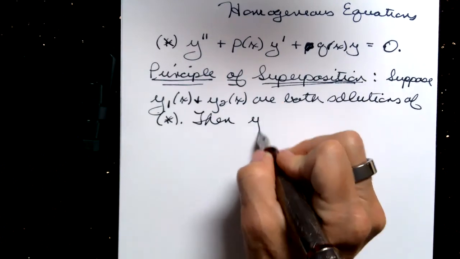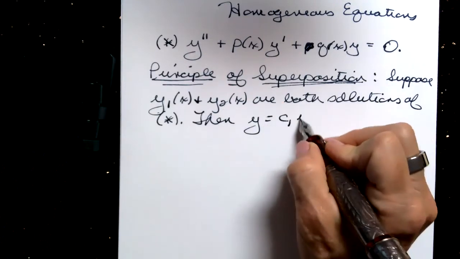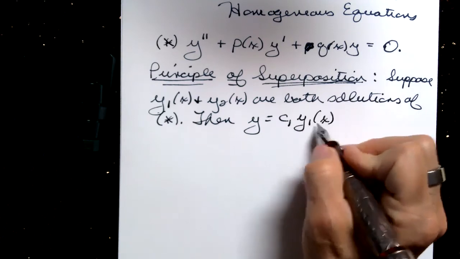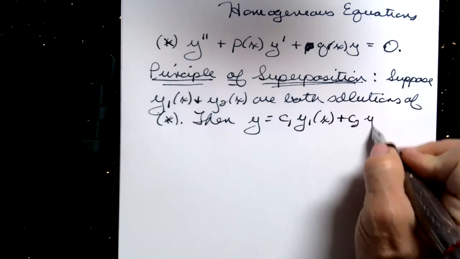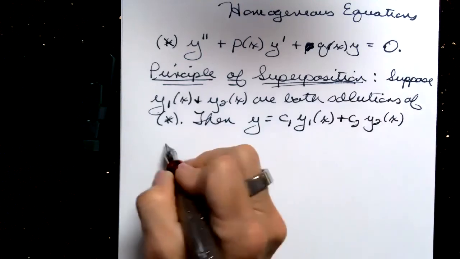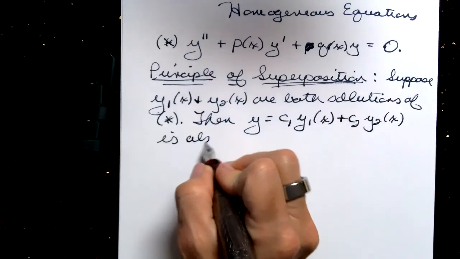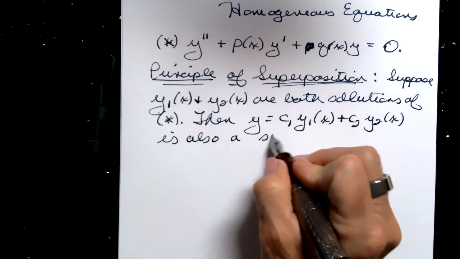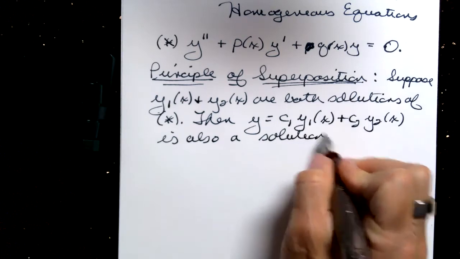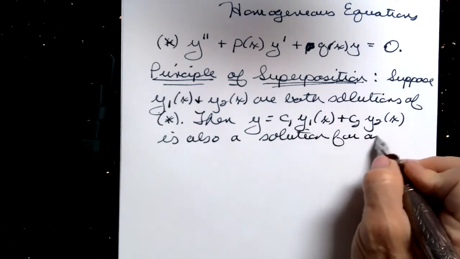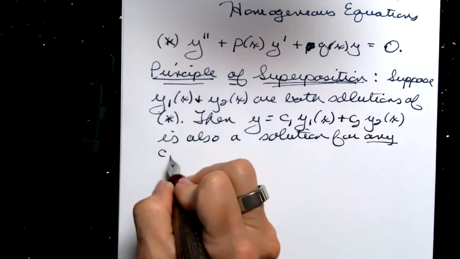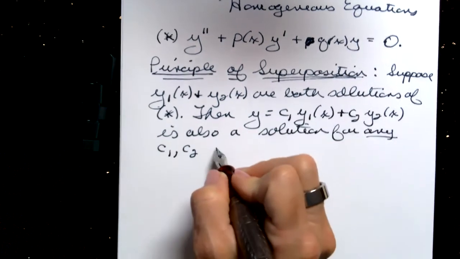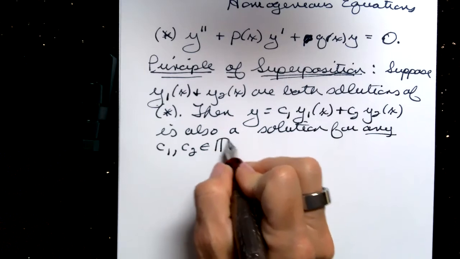Then C1 y1 of x plus C2 y2 of x is also a solution for any C1, C2 in R, real numbers.